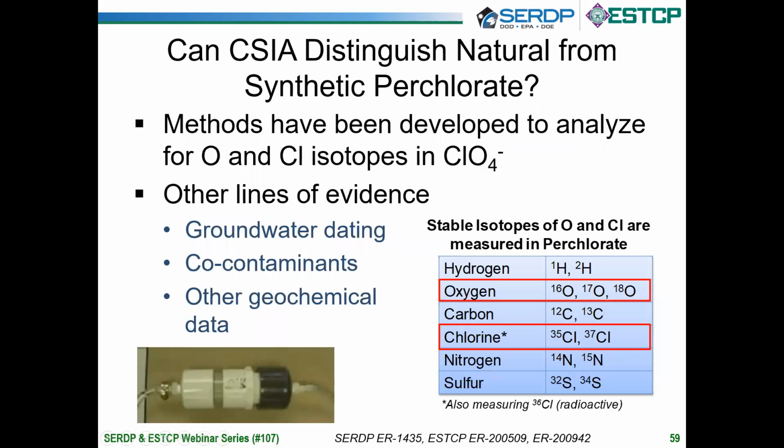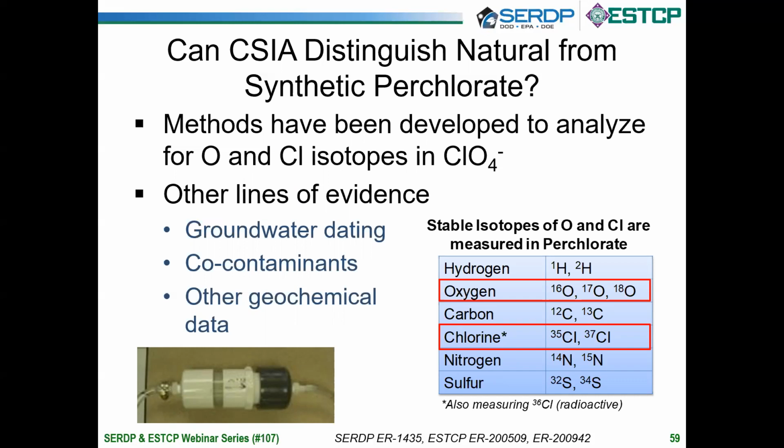SERDP and ESTCP funded a number of different projects, and there were a lot of groups involved in this work: USGS, J.K. Böhlke, Neil Sturchio, Andrew Jackson at Texas Tech, Greg Harvey with the Air Force, Baohua Gu at Oak Ridge, myself at Aptim as well, a whole suite of people who did sampling, developed methods, and tried to really understand, first of all, can you distinguish these sources of perchlorate?